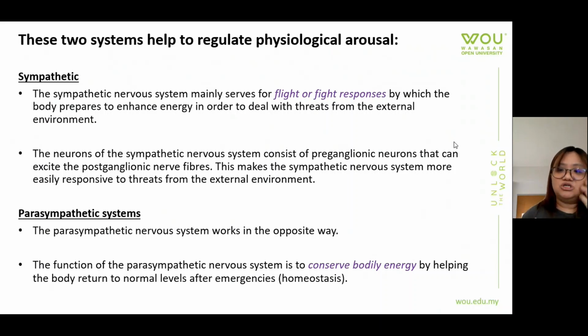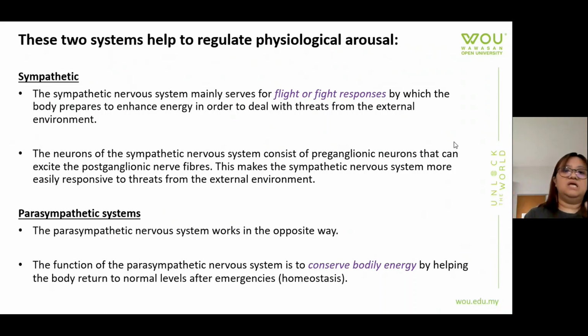So the sympathetic system will make our body start to use up energy, to build up the energy in order to react to the stressor from the external environment. So either we fight, or we run away.